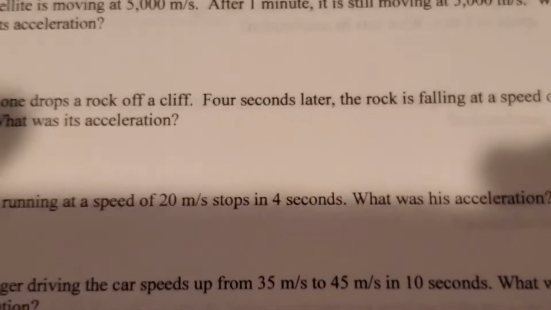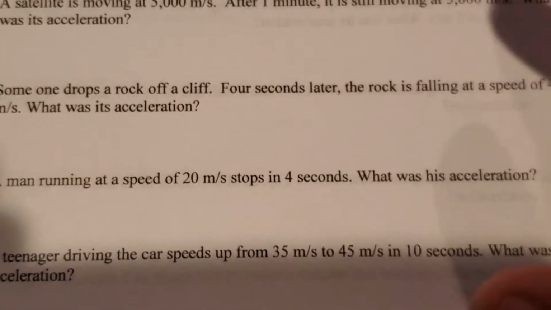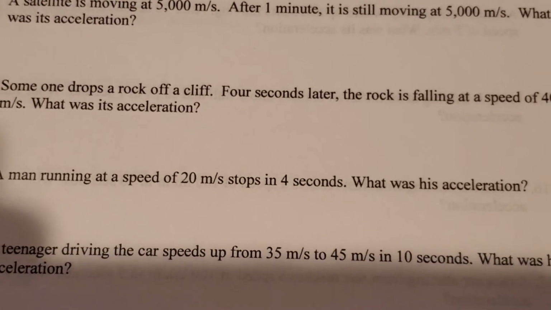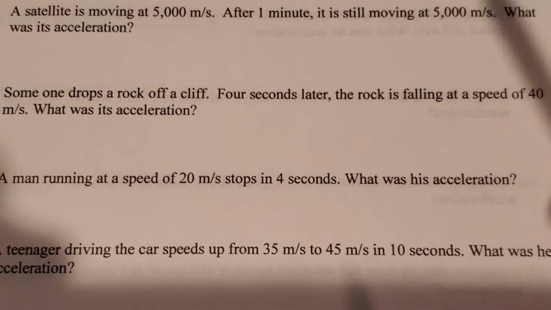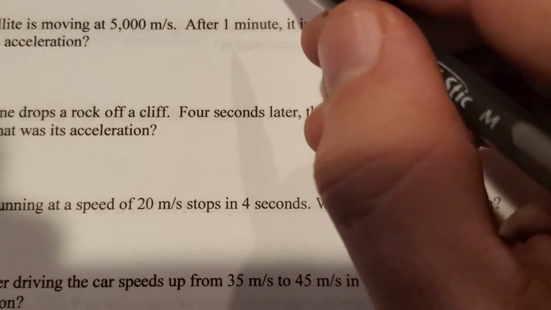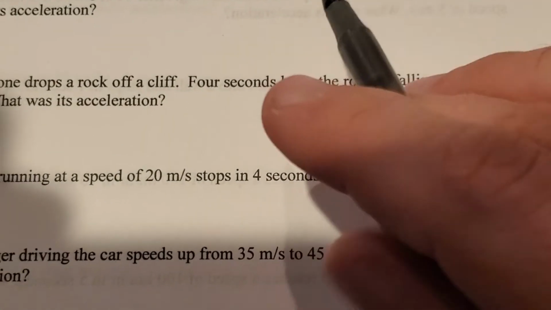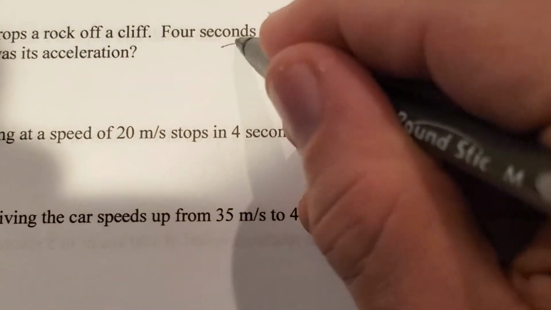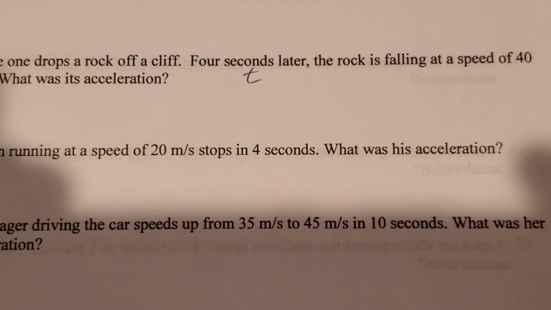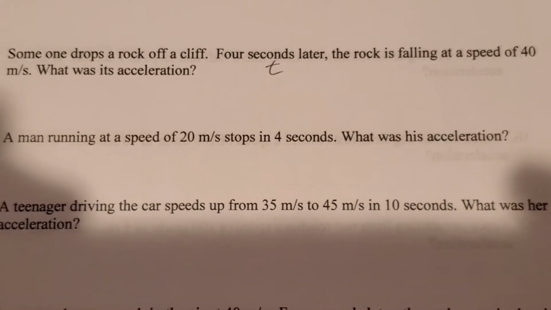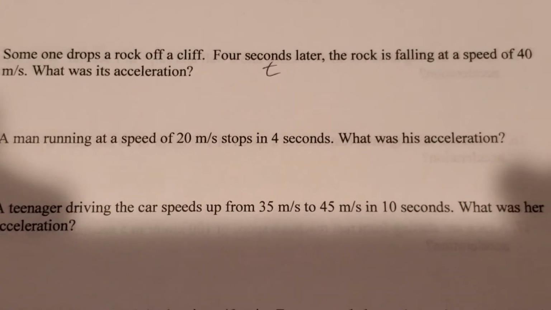Now, let's take a look at this rock. And you might have a little bit of difficulty figuring out some of the values here, because as you read it, we can see 4 seconds later, and that's easy enough, that 4 seconds later is going to be the time. But I can only find one speed in this problem. That's the 40 meters per second. So where's my other speed? I need 2 of them.